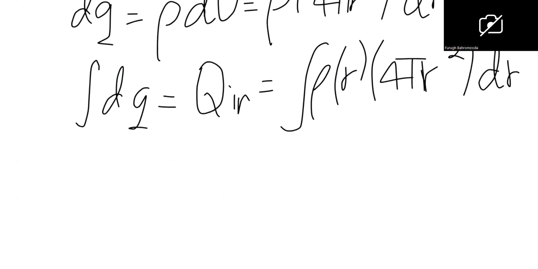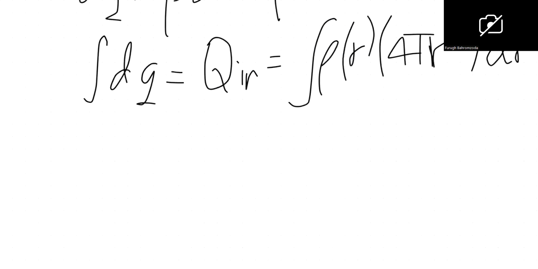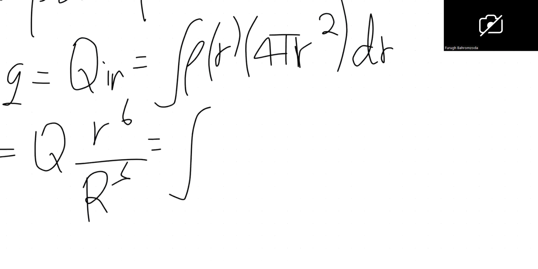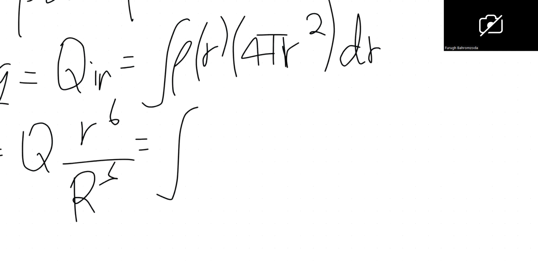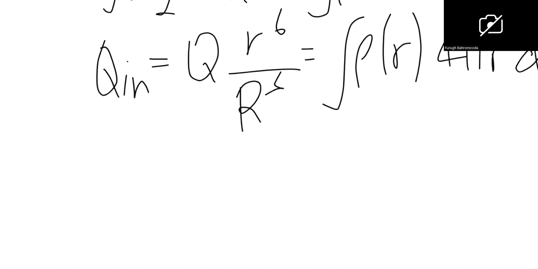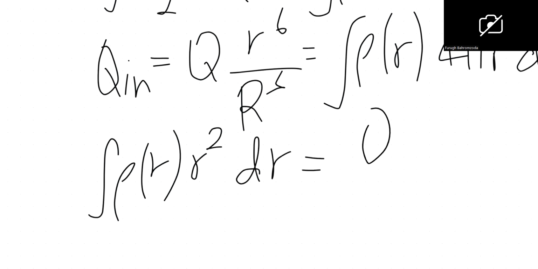So we will now use the Qn that we found above. This one we will put inside this equation, and it will be something like Qn equals Q multiplied by r to the power of 6 over big R to the power of 6, equals the integral of density of r times 4 pi r squared dr. And in this part we will put our constants.